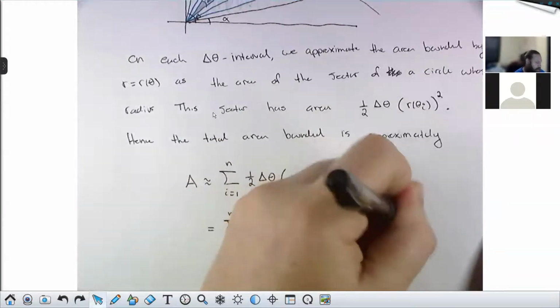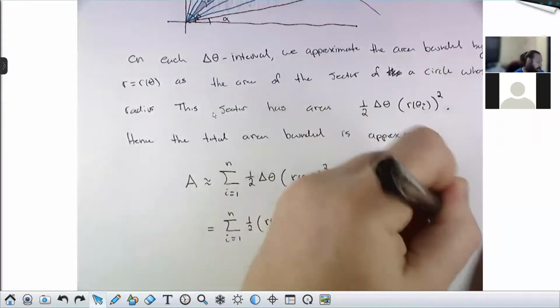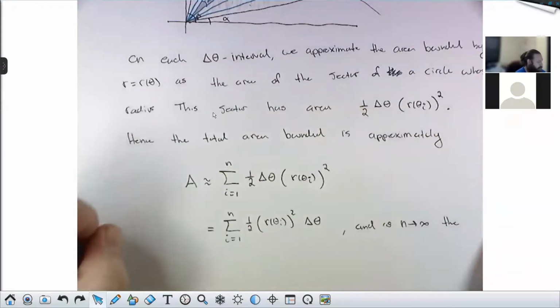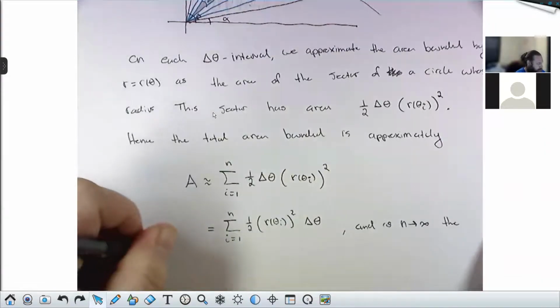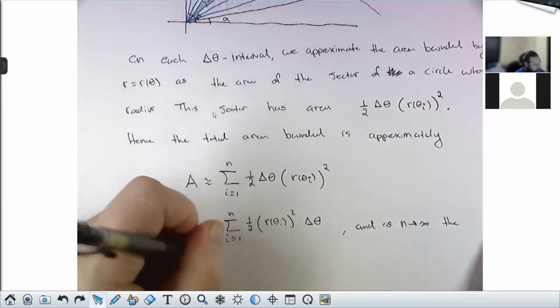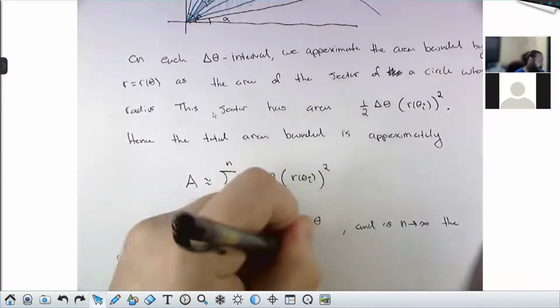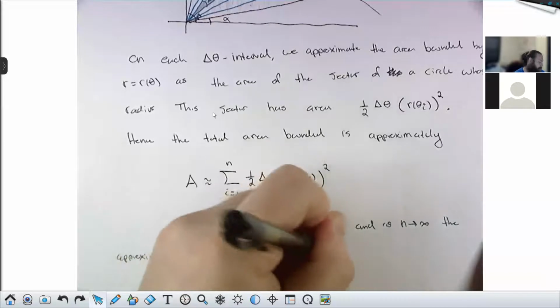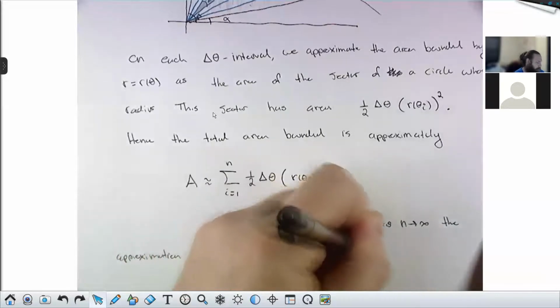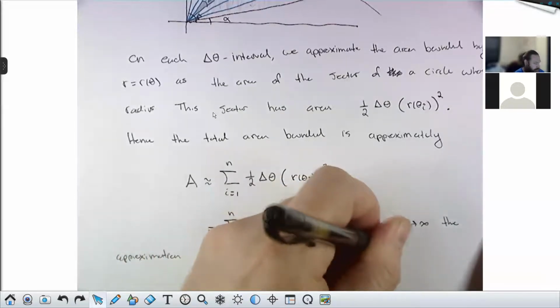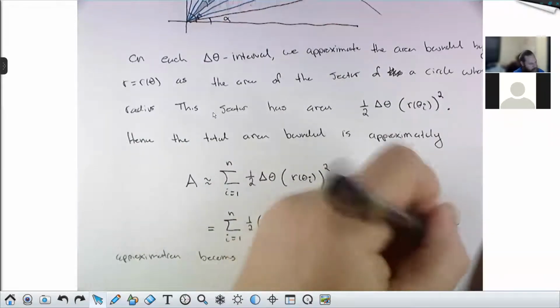And as n goes to infinity, the approximation becomes exact, as the Riemann sum becomes an integral.